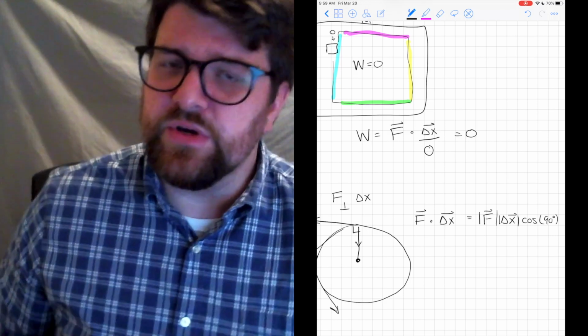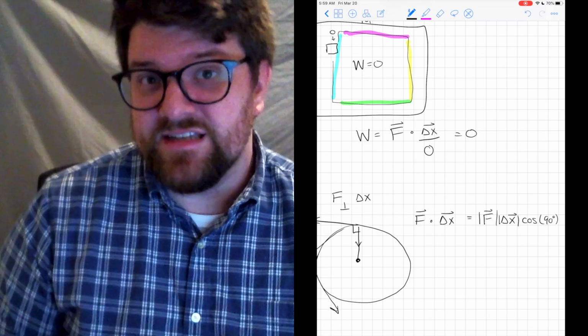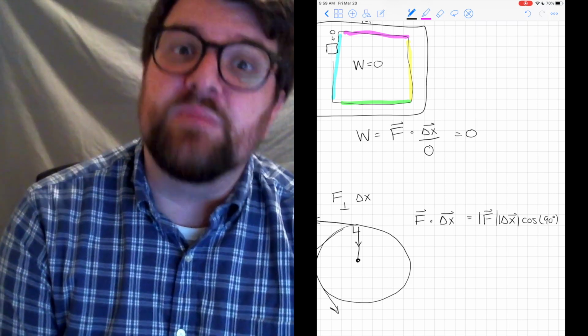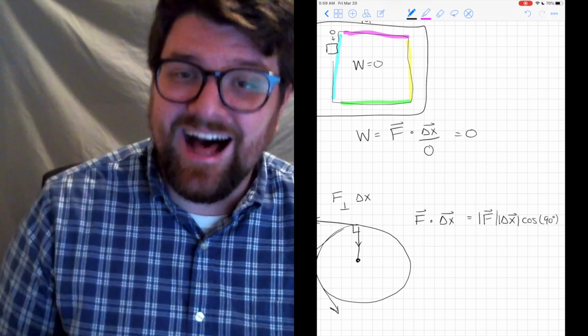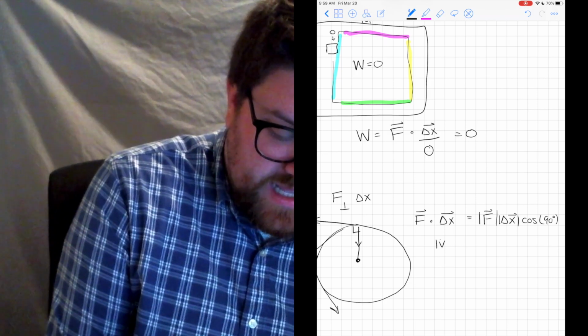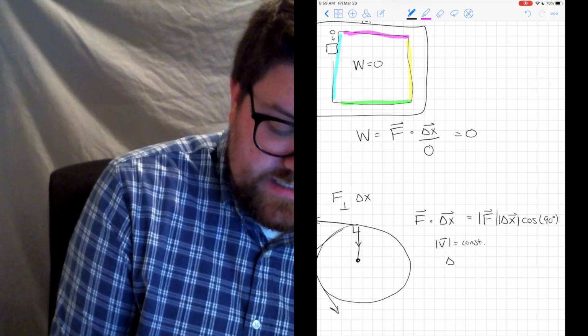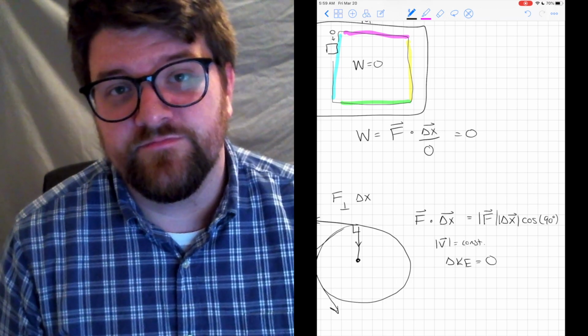And we said just going around a circle, uniform circular motion, doesn't actually change the velocity, or I should say the speed of the object in that circle. So delta V remains constant, right, throughout this entire thing. Constant. Which means delta kinetic energy is 0. No work is done.